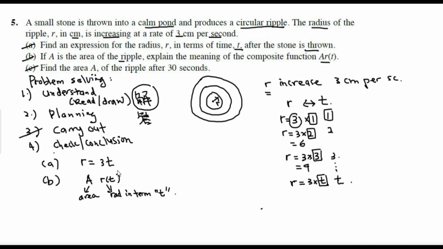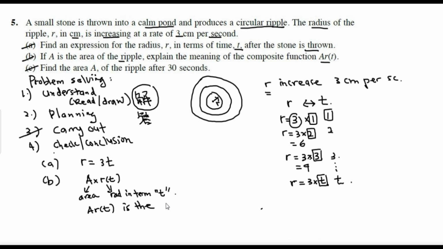So what is the meaning of this composite function? Now you can form a composite function by using A of r(t). It means this is the area, A(r(t)).